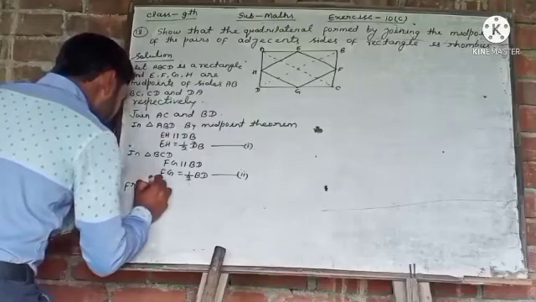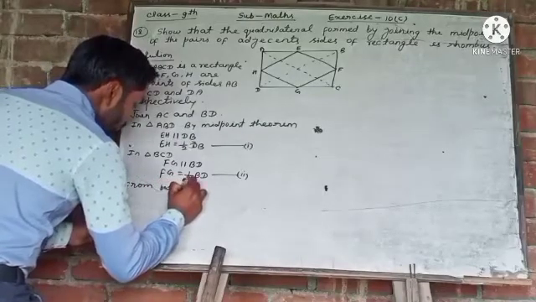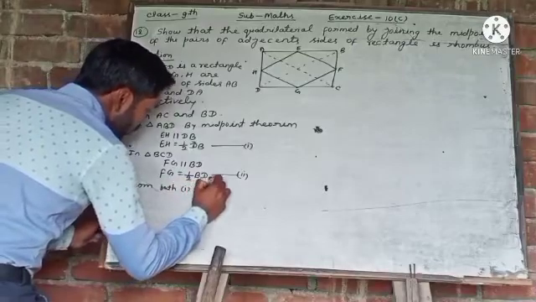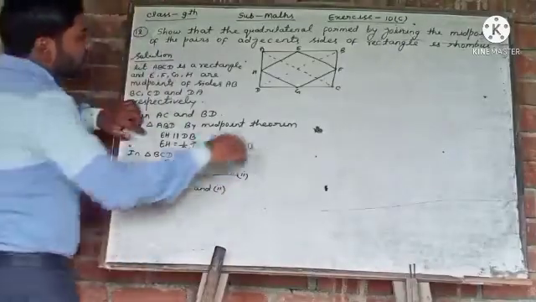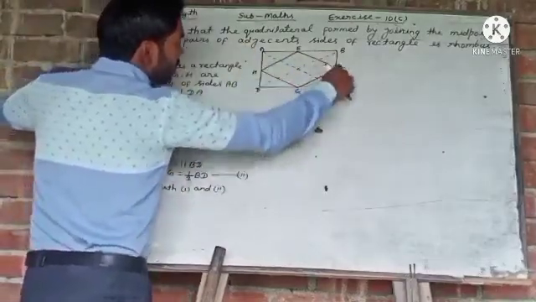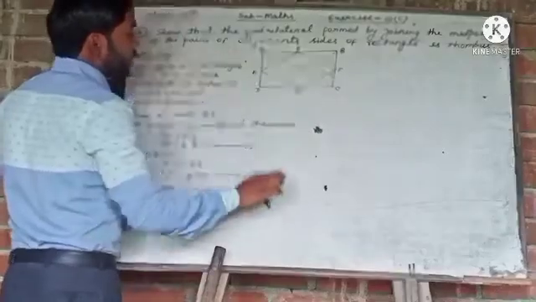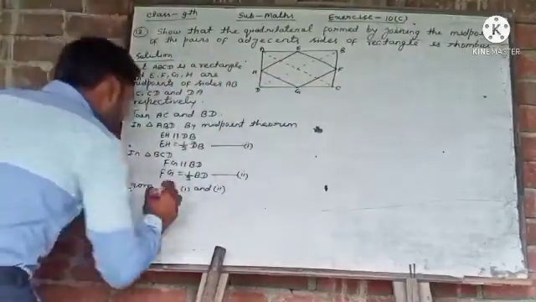From both equations 1 and 2, we get that EH is parallel to BD and FG is parallel to BD. So both EH and FG will also be parallel.